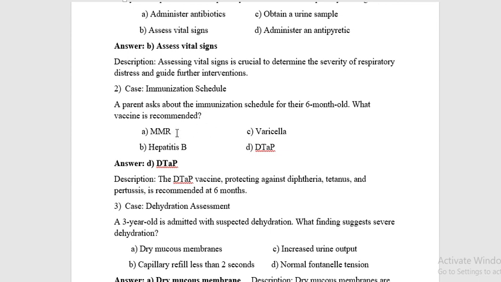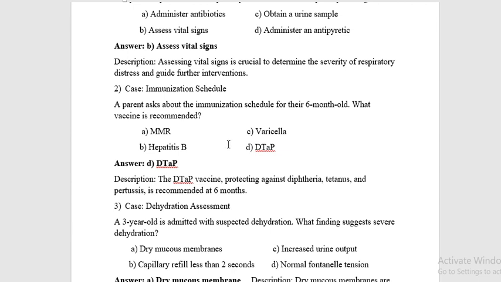Choice A, MMR. Choice B, hepatitis B. Choice C, varicella. Choice D, DTaP. There are different types of vaccines we take for different ages.